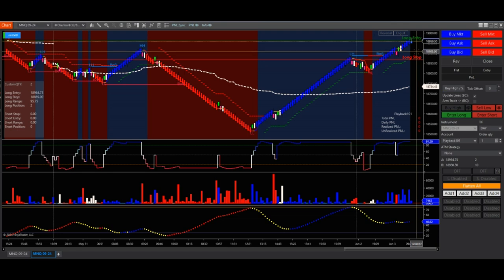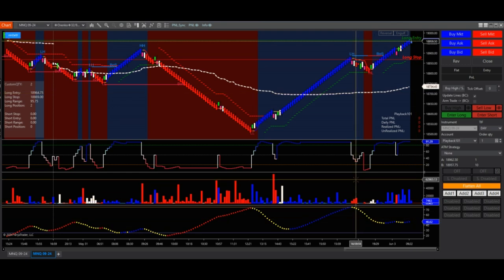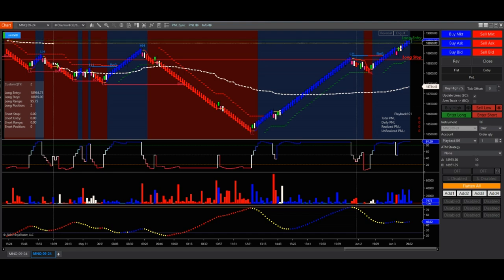Remember, the ATM strategy does move it automatically, but sometimes if I feel like the trend is about to change, I'll move it closer to price. So this is June 3rd, we're trading back June 3rd at 9:30 a.m.